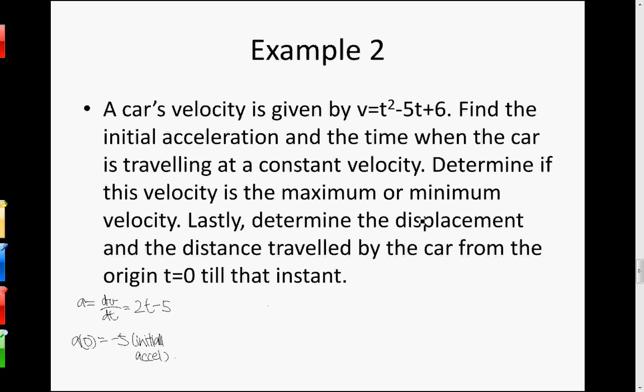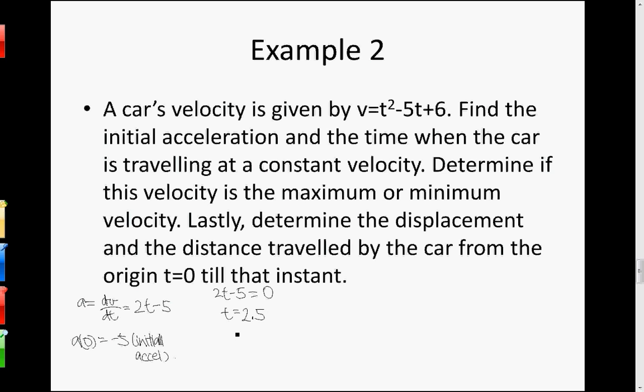Alright, the next thing we have to find is where the car is traveling at a constant velocity. When the car is traveling at a constant velocity, the acceleration equals 0. So 2t minus 5 equals 0, and this is the time where t is equal to 2.5.